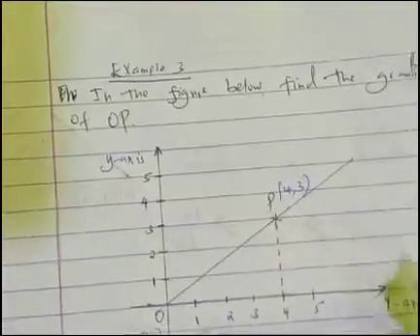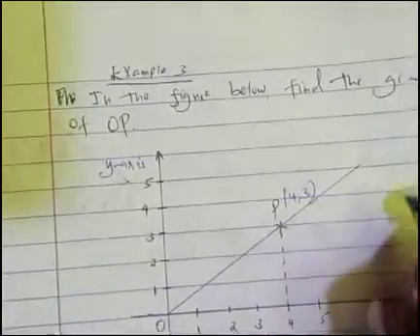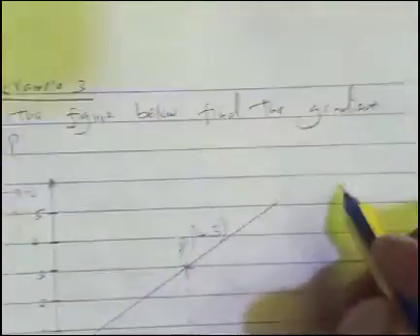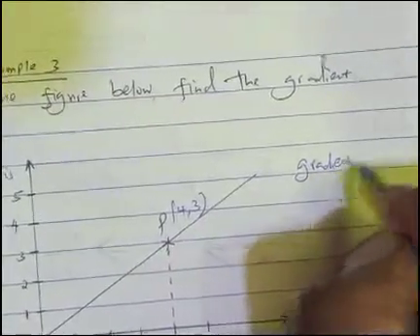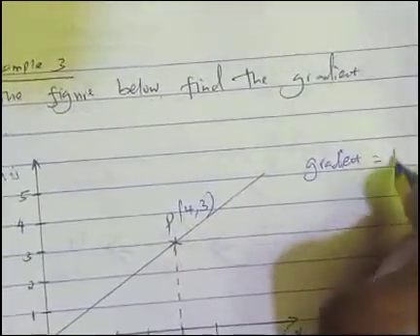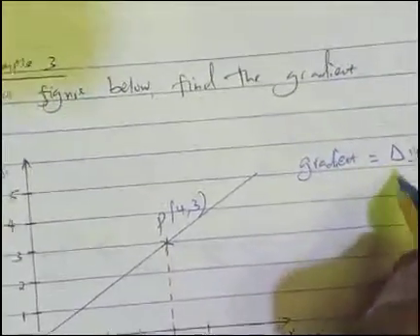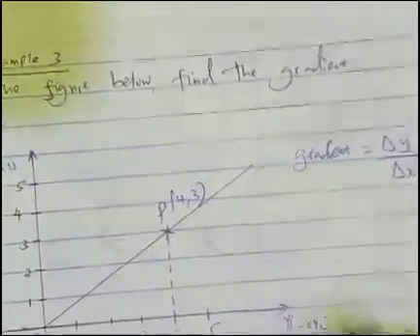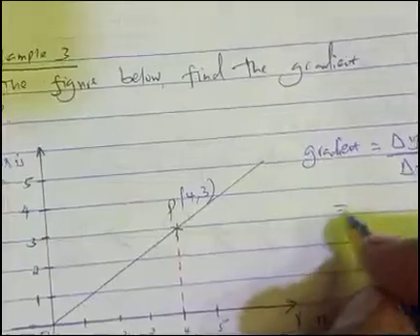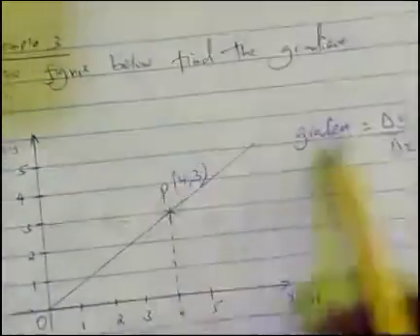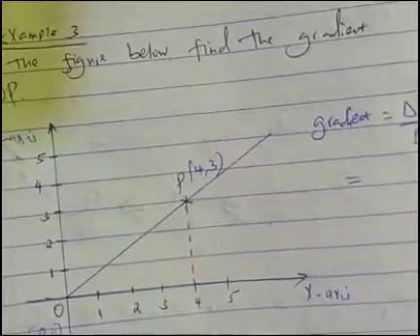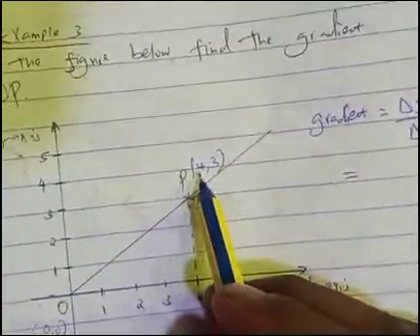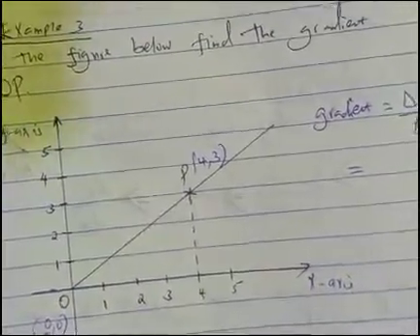So we know that gradient is change in y over change in x. So in other words, we take the y coordinate of one point minus the y coordinate of the other point over the x coordinate of one point minus the x coordinate of the other point.